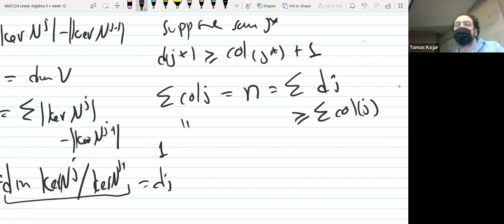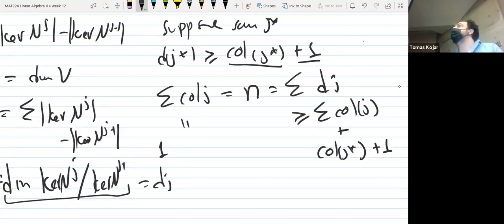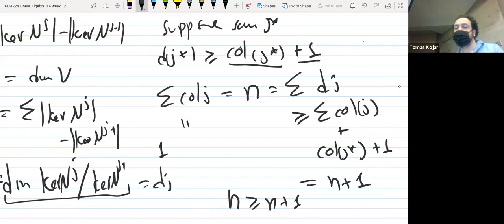You already know it's bigger or equal, but I'm adding a little buffer. One of them will be at least column of j star plus 1, but this sum is equal to n plus 1. So you get that n is bigger or equal than n plus 1. Is that okay?